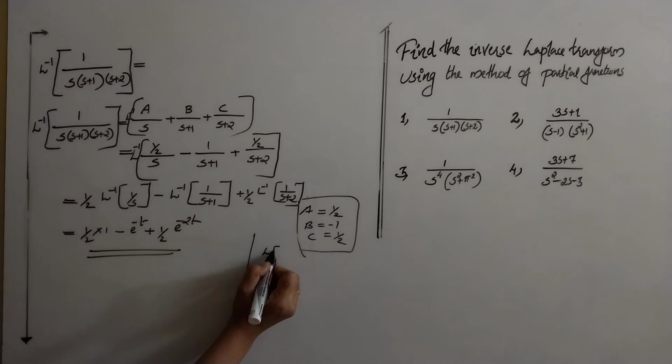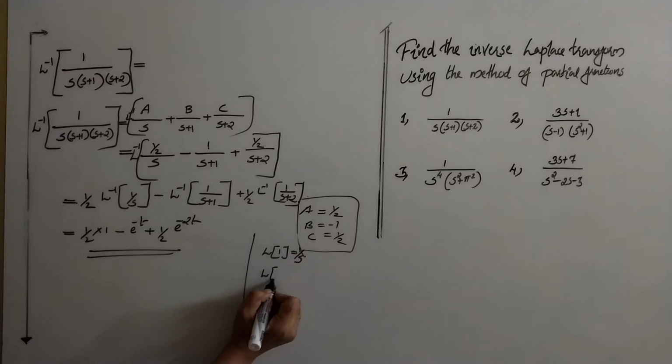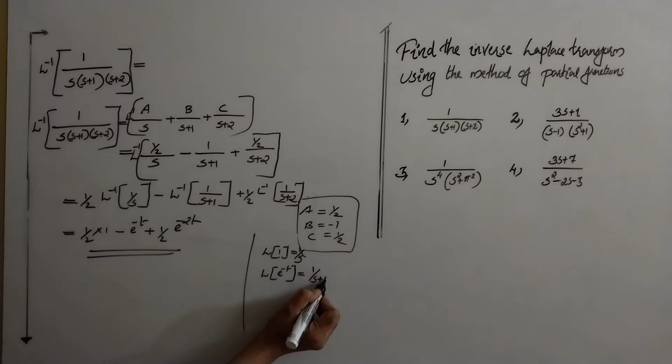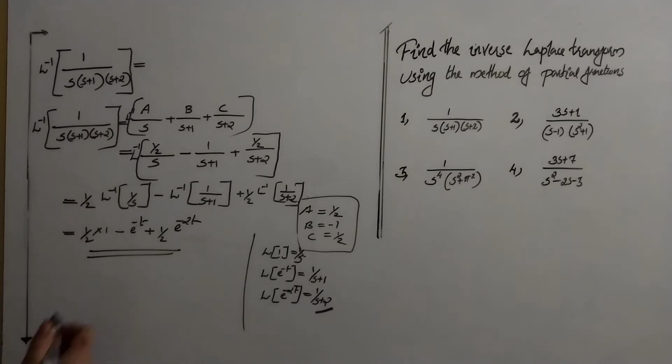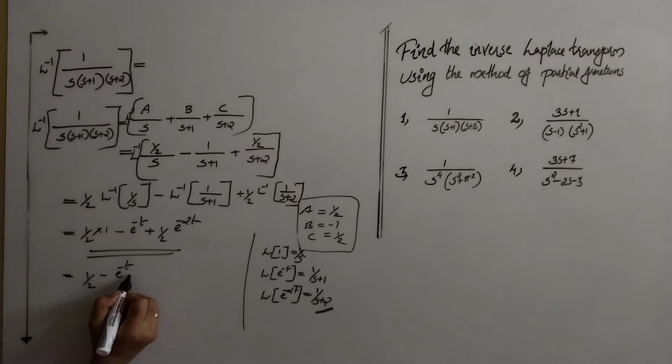That is, Laplace transform of 1 is 1 by s, and Laplace transform of e raised to minus t is 1 by s plus 1, and Laplace transform of e raised to minus 2t is equal to 1 by s plus 2. So the answer of L inverse of 1 by s into s plus 1 into s plus 2 is 1 by 2 minus e raised to minus t plus 1 by 2 into e raised to minus 2t.